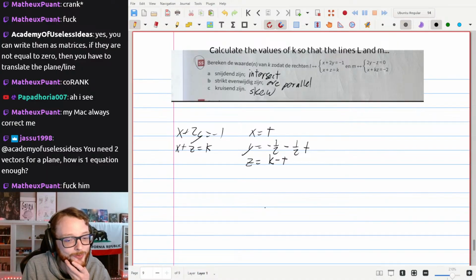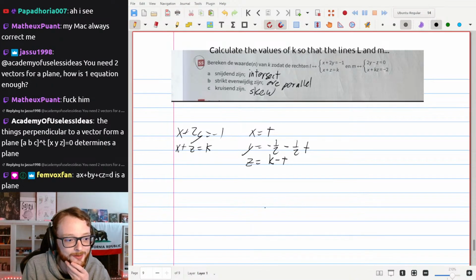It's basically what Jasu was saying, where one vector can just determine a line, but in R3, the null space is going to be a plane. So I guess this is the normal?